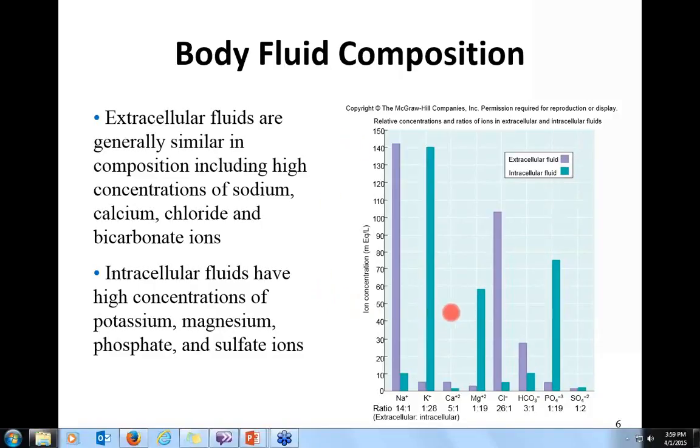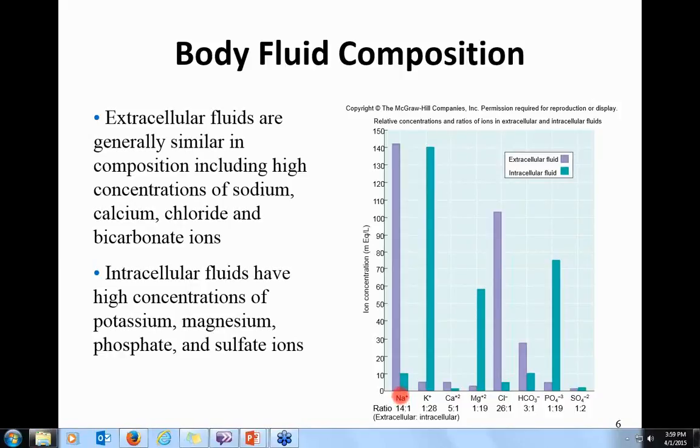And with this chart here, in the purple is extracellular, and in the teal is where the intracellular fluid lies. What this table shows you is where each ion or electrolyte is more abundant.